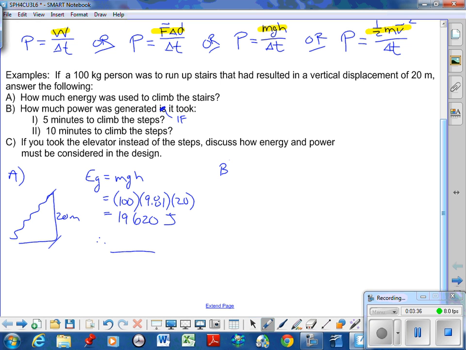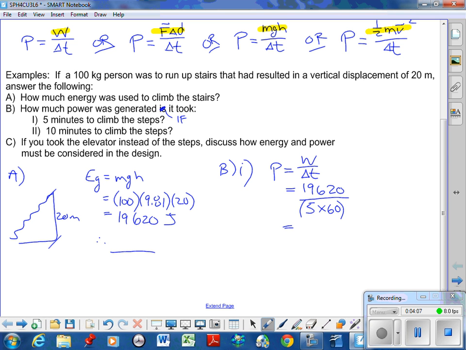So B part. Power equals work over delta T. Well, we've calculated the work. Okay, again, this work here is the gravitational potential energy. So 19,620 divided by 5 minutes times 60 on the bottom.